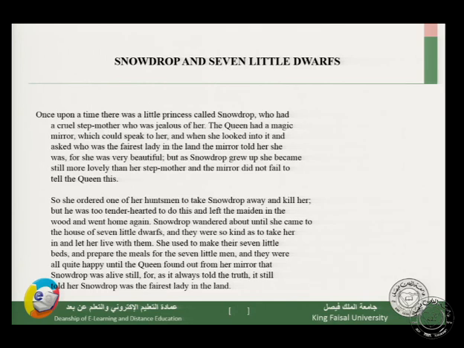Then the mirror again gave the same answer, and says, no, the little Snowdrop is more beautiful than you. So the queen knows that Snowdrop is still alive, so she went into the woods and found Snowdrop, and she tried to deceive her three times and to kill her.